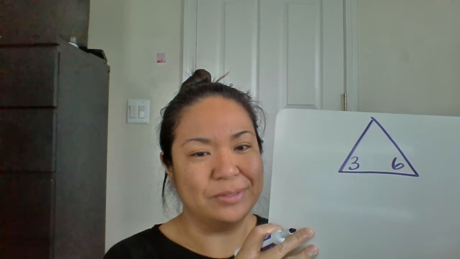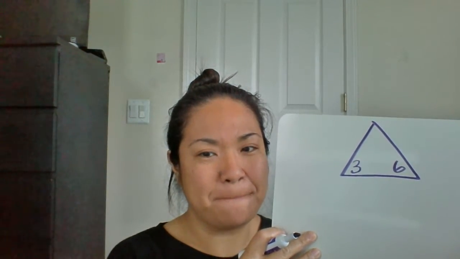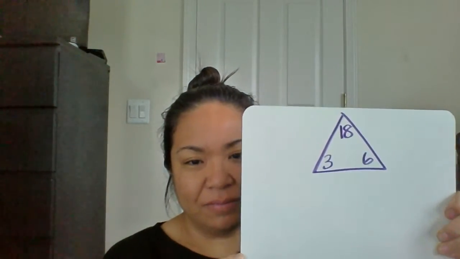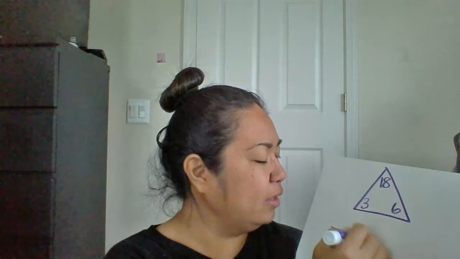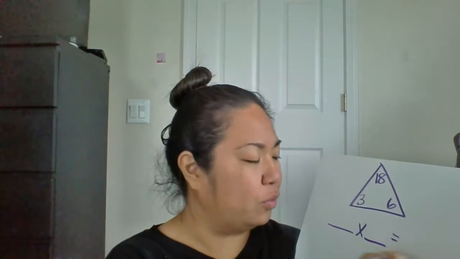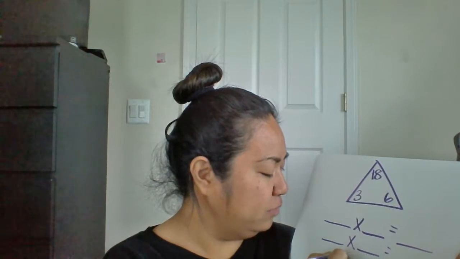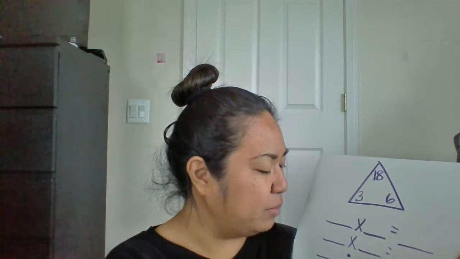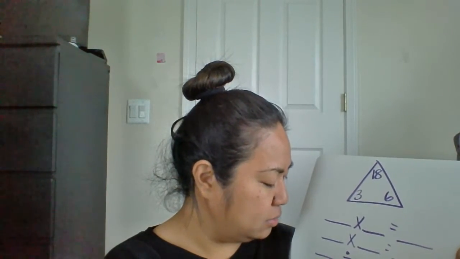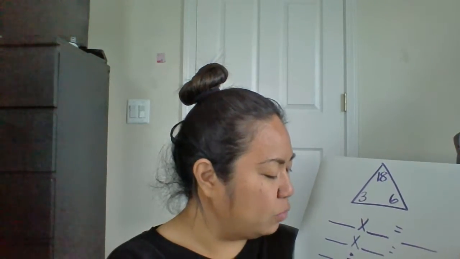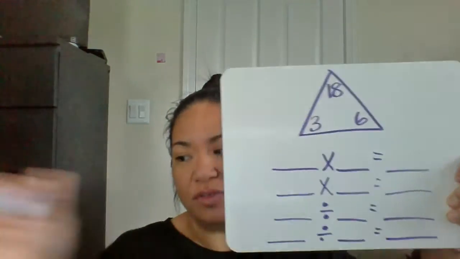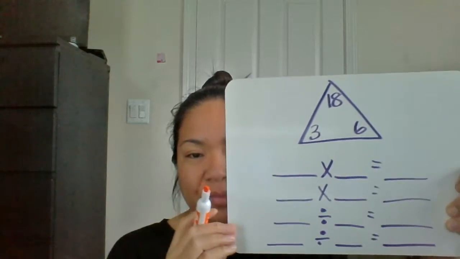who knows their multiplication facts? I hope you said 18 because that's exactly it. 18. If you know how to multiply, you know how to divide. We're going to take all of these facts from this family and create 2 multiplication sentences, 2 division sentences.